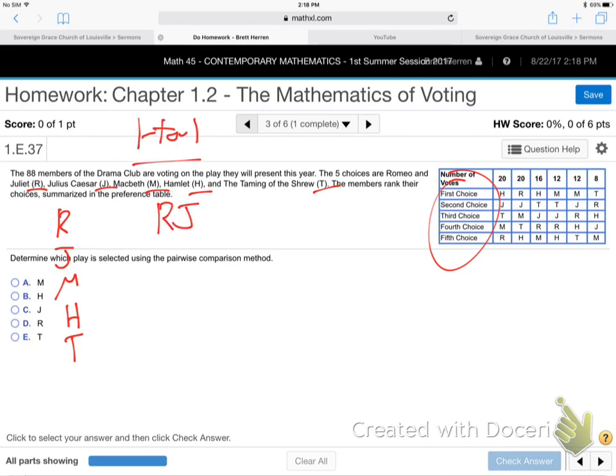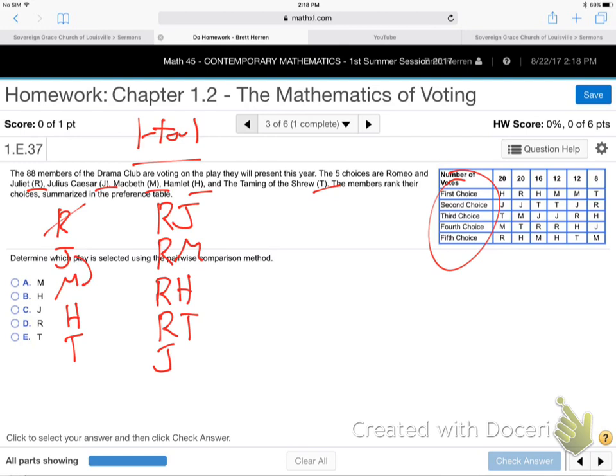All right, so here we go. R with J, right? I'm just going to go down the line. R with M, R with H, R with T. So R's done. Remember, do it with a system. It's like A, B, A, C, A, D kind of thing, but it's one more. Now, R's done. Now who do we start with? J. We're going to go J. Remember, you never need to go back up because you've already done the previous ones. Just go down.